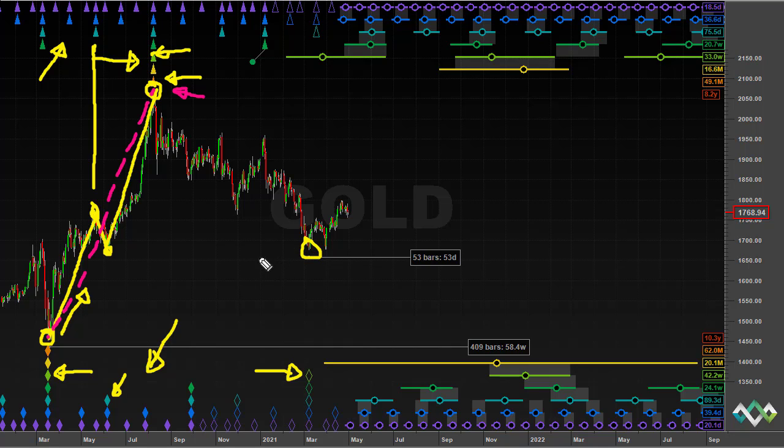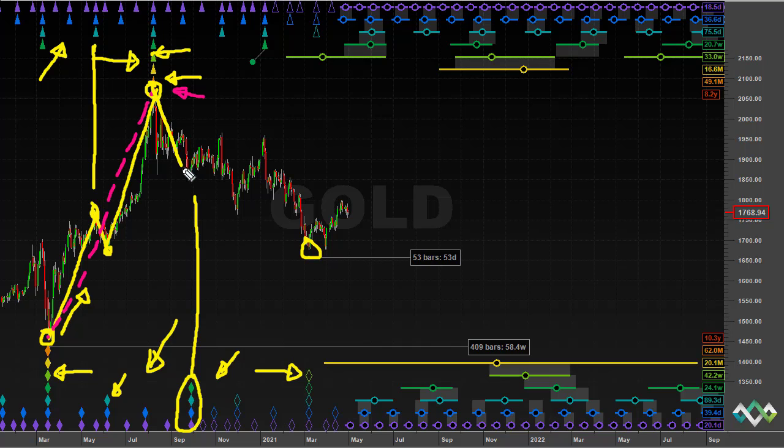What is the first thing the price will do? Price will move down to the longest cycle trough that needs to form before the 40-week cycle trough towards which it is heading. Okay, so in this case, we look at the foot of the chart, that is this 20-week cycle over here. So the first thing that price will do is that it will head down towards the 20-week cycle trough.